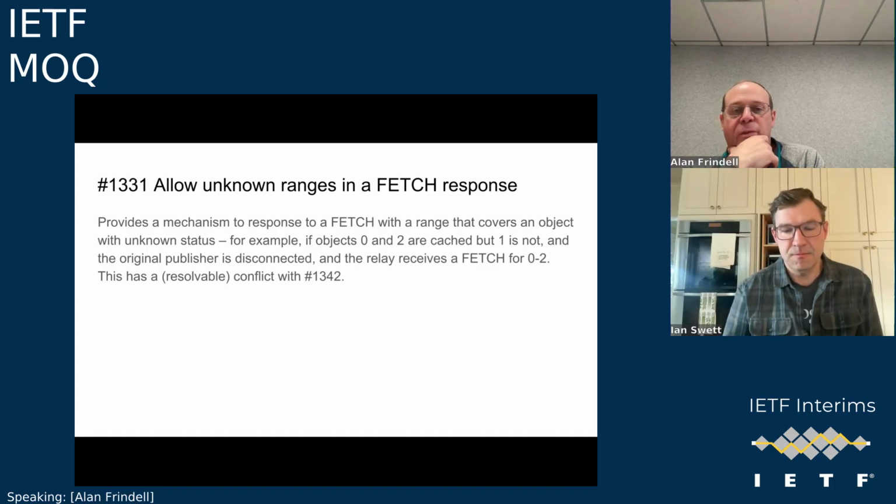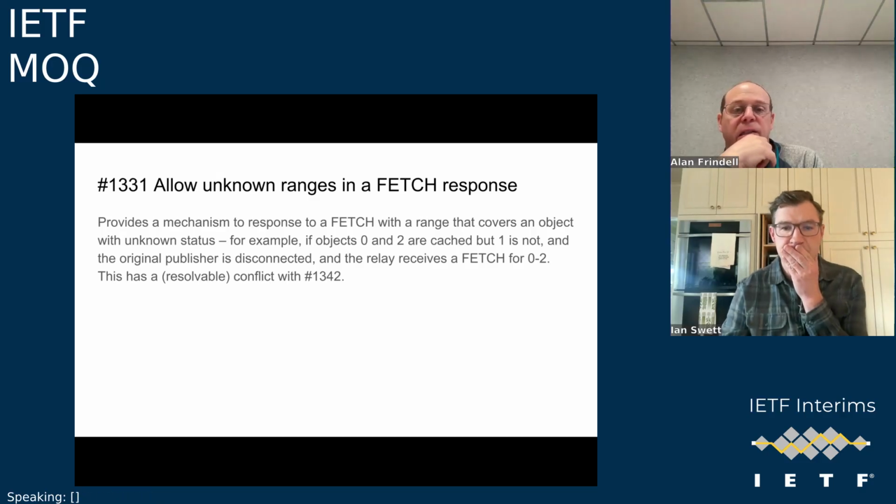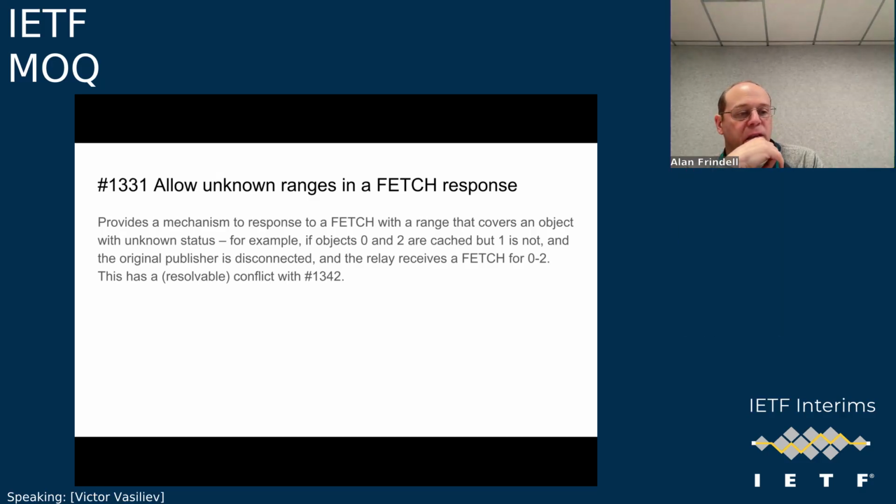What do you think is important about the encoding? One thing I would want to know is whether it's really saying that the original publisher is gone, versus the original publisher saying this does not exist. I see.